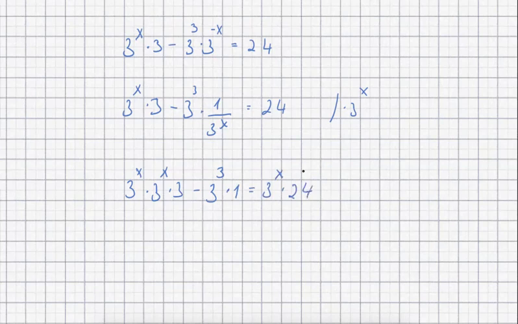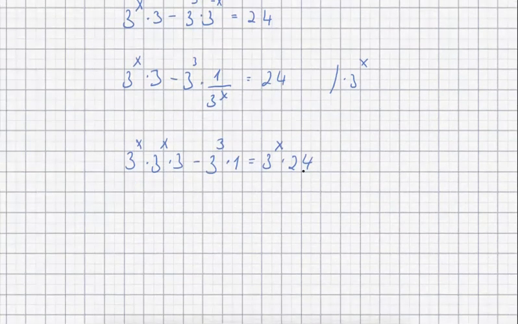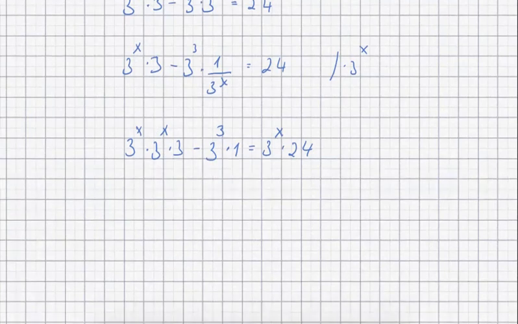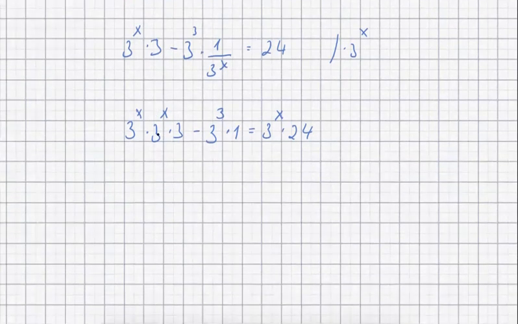Okay? Now, what do we know about 3 by the power of x times itself? Yeah, it's the first rule. The first rule is you add them.